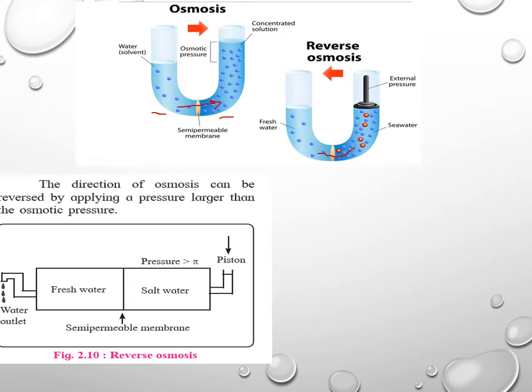You can see on this side you have the salt water, which is basically your solution, and you have fresh water. Now when a pressure is applied on the salt water which is more than the osmotic pressure, here you can see through a piston pressure is being applied, so automatically water from the salt water solution moves into the fresh water.